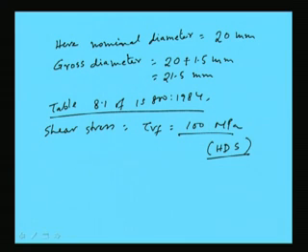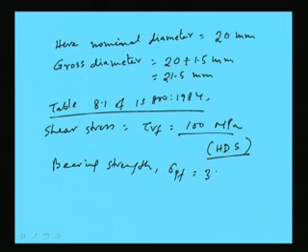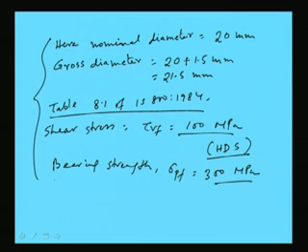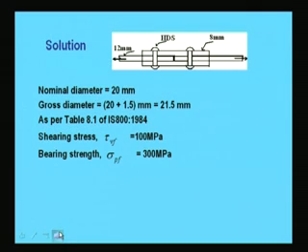And bearing strength of the rivet, sigma Pf, will become 300 MPa as per the code. These are the things which have been given. So, these whole things are given in the code as per the codal provisions we made, right.